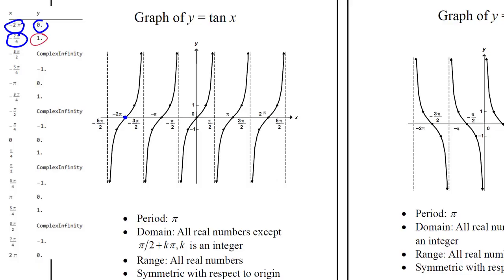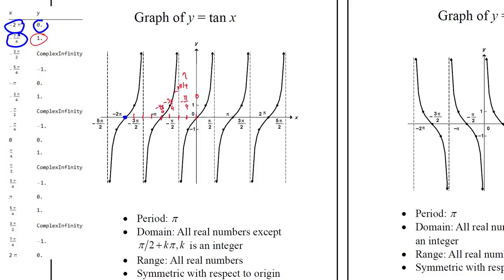How do we know -7 pi over 4? Here is 0. This one is -pi over 4, and then -2 pi over 4, -3 pi over 4, -4 pi over 4.